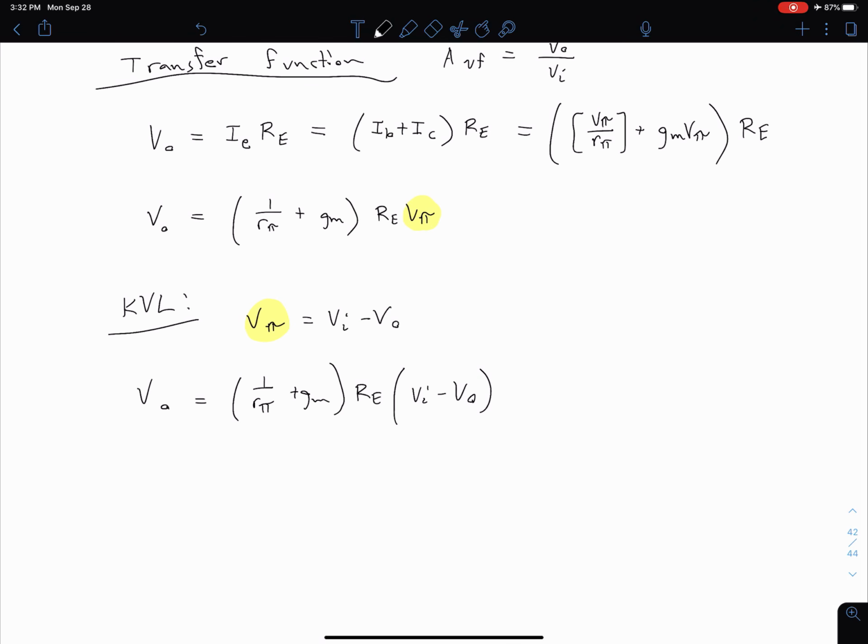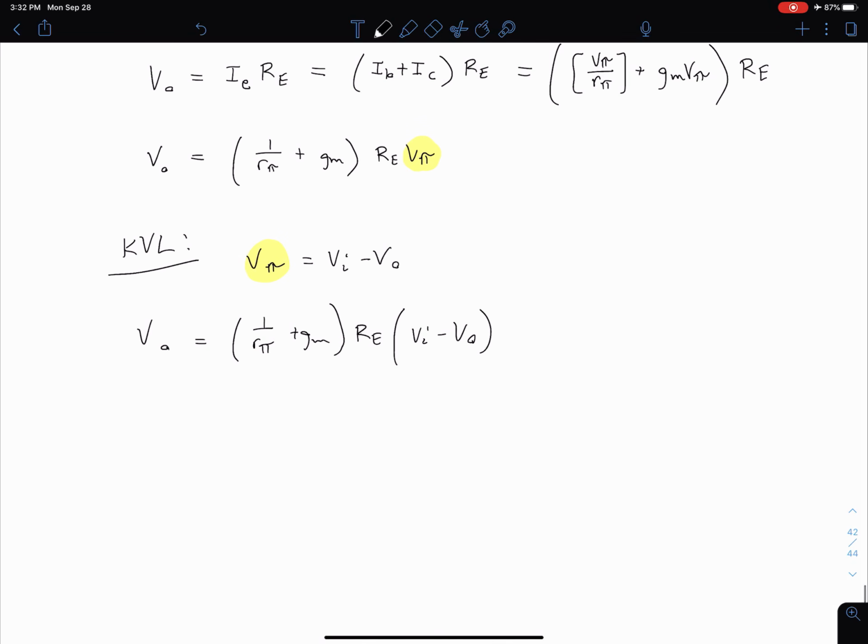So now we want to split these terms. Ultimately, we're trying to solve for V out over V in. Separating our two variables, we have V out times 1 plus 1 over R pi plus GM, that quantity times R sub E. So we've moved our V outs to the left side, and on the right side we still have 1 over R pi plus GM times RE VI.